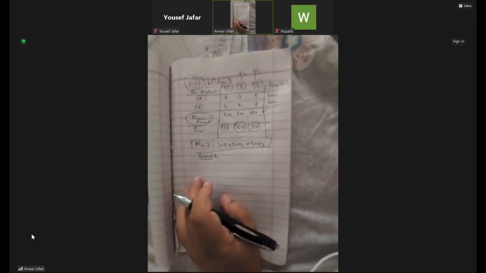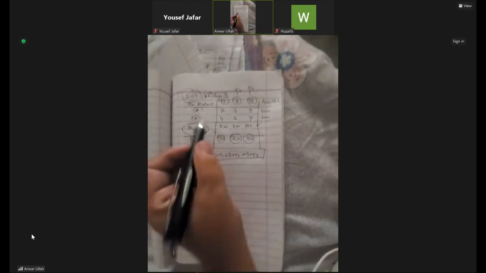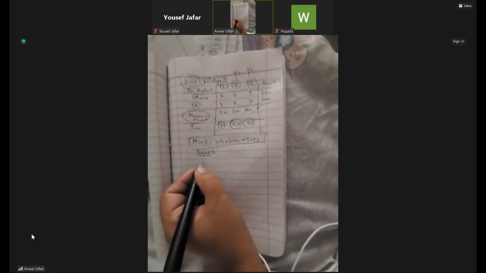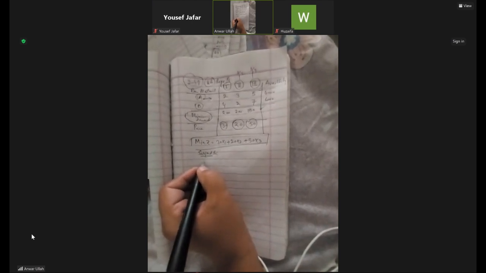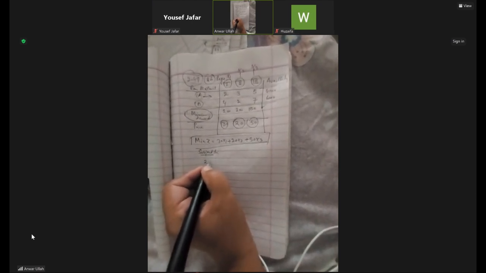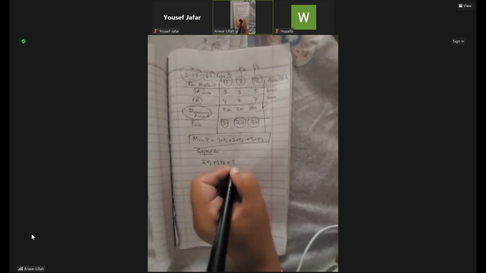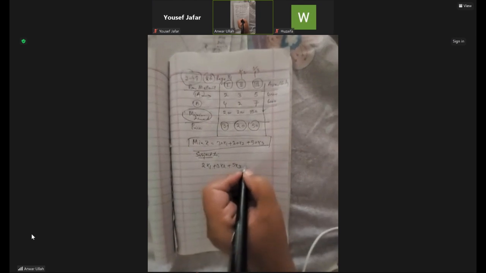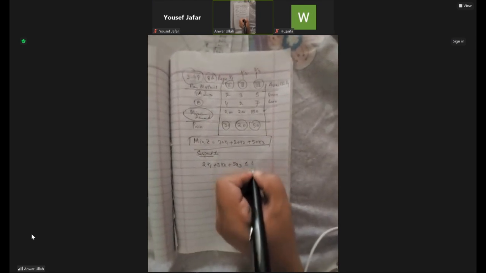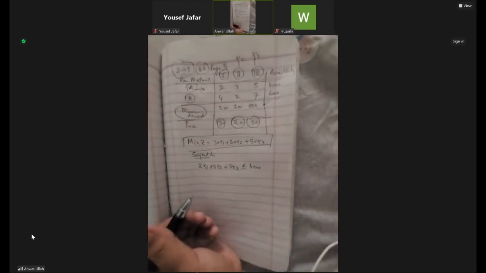first of all, we will take the constraint for raw material A, which says that the raw material A is used 2 pounds in X1, 3 pounds in X2, and 5 pounds in X3, while the total availability must be less than or equal to 4,000.